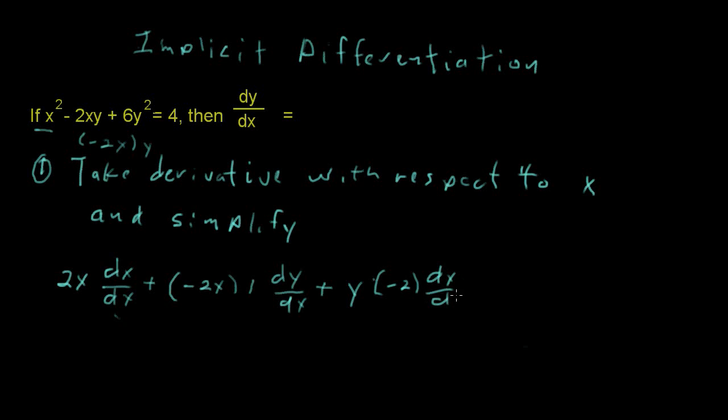Okay, let's move on to the third term, and there we'll just apply the power rule, and we'll get 2 times 6 is 12y, and then dy dx. And what do you get when you take the derivative of the 4? That's just 0, and no sense in putting anything besides 0 down there.